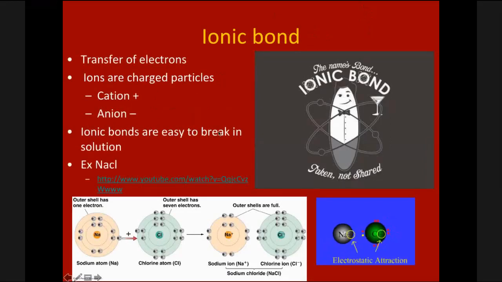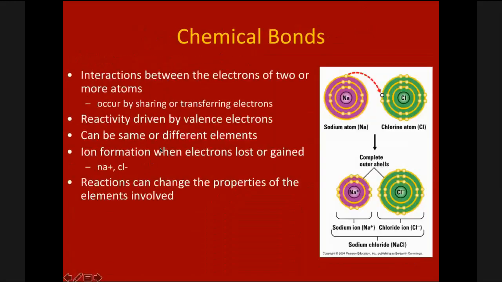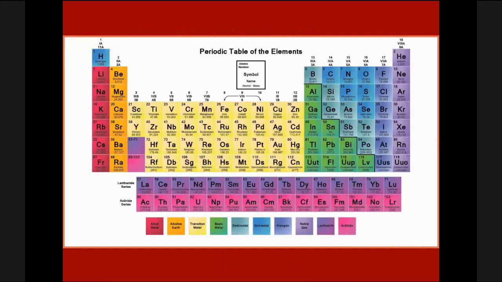So what I want to do is talk a little bit about how ions form before we talk about an ionic bond that forms between 2 ions. So we're going to take a look at sodium here, and let me go back to the periodic table really quick. Oh, I should have put a poll in. All right.